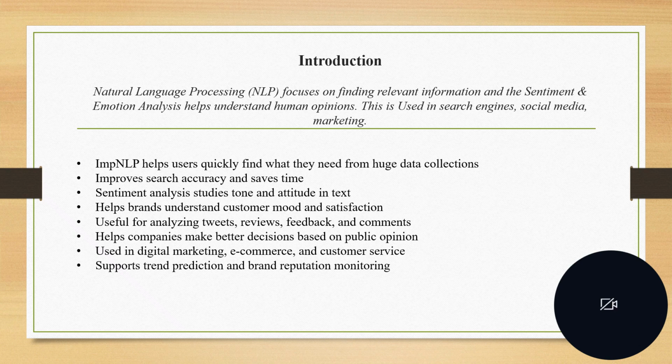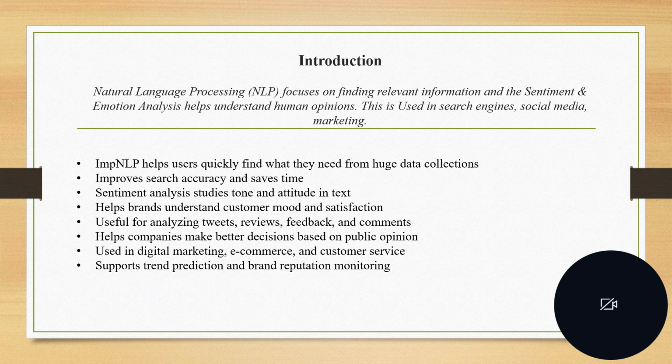human communication. Examples around us include Google Assistant, Siri, and Alexa understanding your voice commands, Google Search predicting what you want to search, WhatsApp spam filters detecting unwanted messages, chatbots answering customer questions, and Google Translate converting one language to another. All of these systems rely on NLP to understand what we say and respond meaningfully.